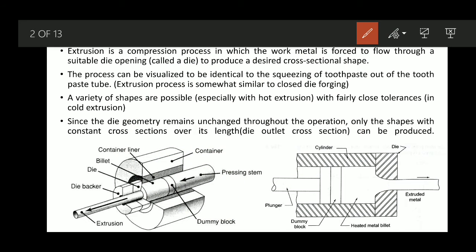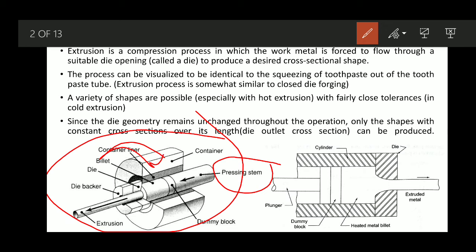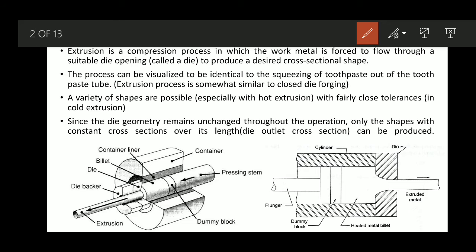In this figure, you can see a 3D view. The pressing stem is nothing but the ram. We have the container, which is nothing but the cylinder, and we have the container liner. These liners are provided for different reasons. One is to maintain the surface from wear and tear.